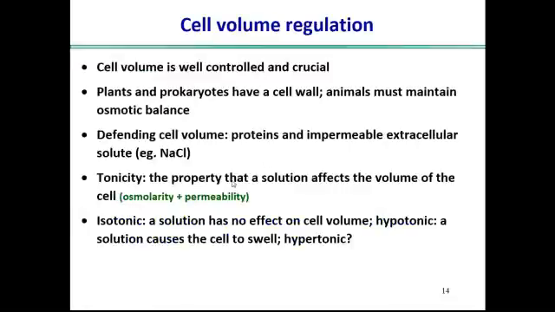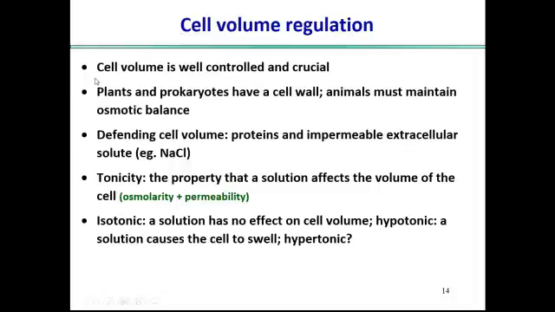We also would like to talk about cell volume regulation. We know that membrane transport is very important to regulate the cell volume, and cell volume needs to be well controlled. If the cell volume is not balanced, then the cells cannot function properly.